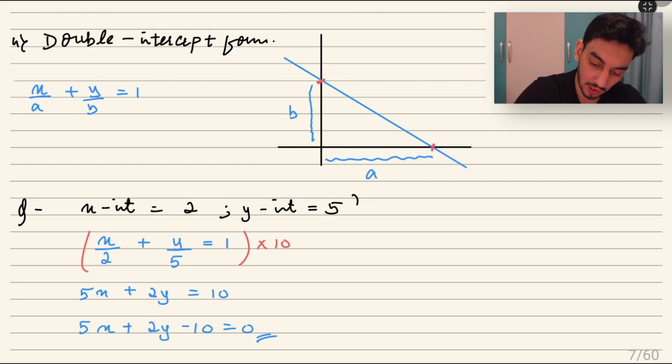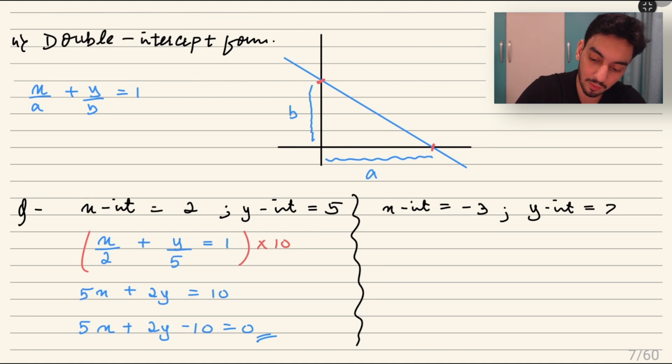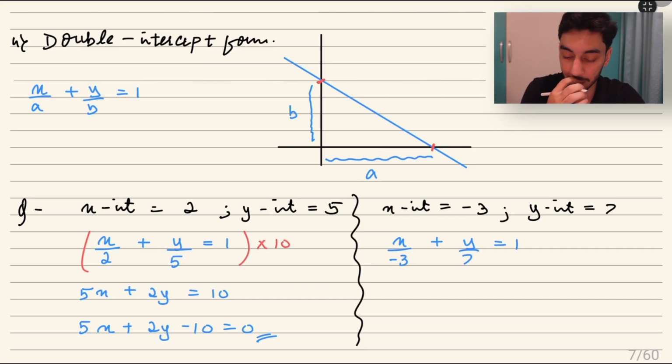I'll try taking another example over here. Let's say my x-intercept is negative 3 and my y-intercept is, let's say, 7. Same thing, x upon a, where a is negative 3 in this question, plus y upon b, which means y upon 7 is equal to 1. This time I'll do the cross multiplication.